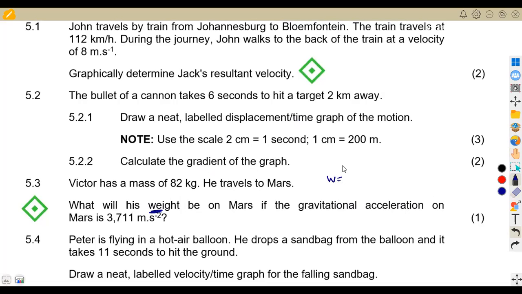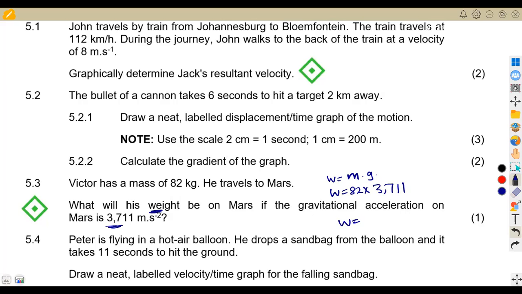Our weight is the force, that is the mass times the gravitational acceleration, which is going to be 82 kg. But the gravitational acceleration for Mars is 3,711. So you multiply these two. That can be your weight in newtons.